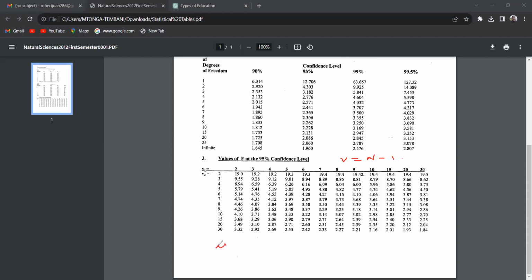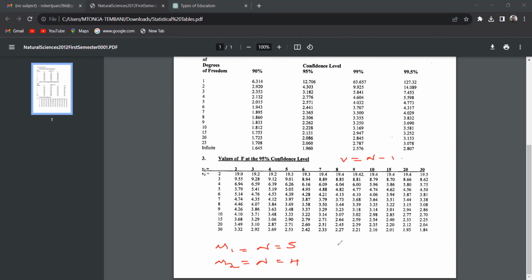So for example, if you have two methods, method 1, M1, and M2, then M1 has the n value of 5, and M2 has the n value of 4. Let's find the F tabulated for this.